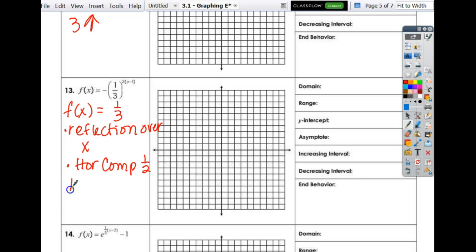And then the -1 is 1 to the right. So first of all, can we predict, does the asymptote move? It doesn't, because there's no up and downs.